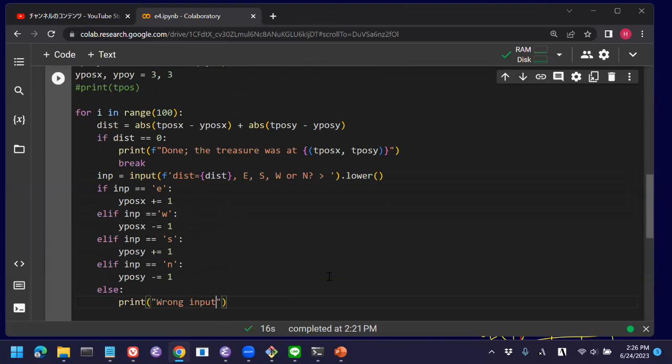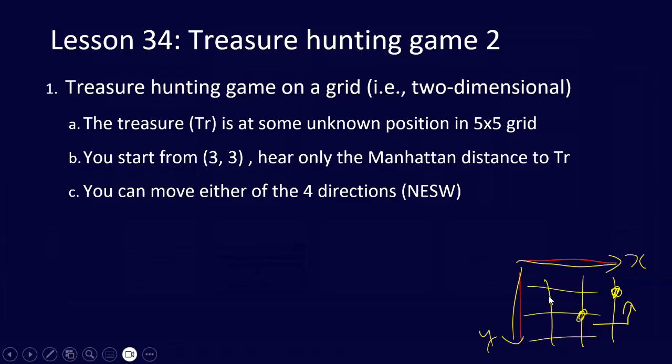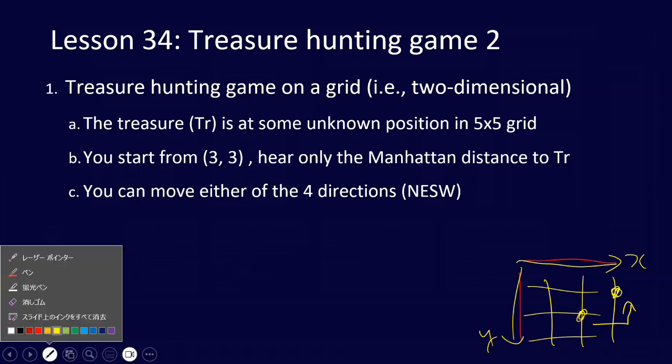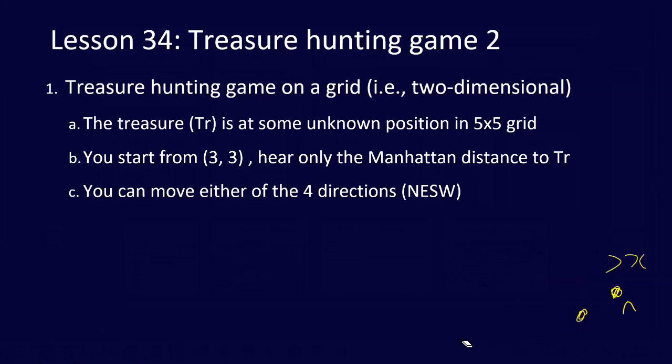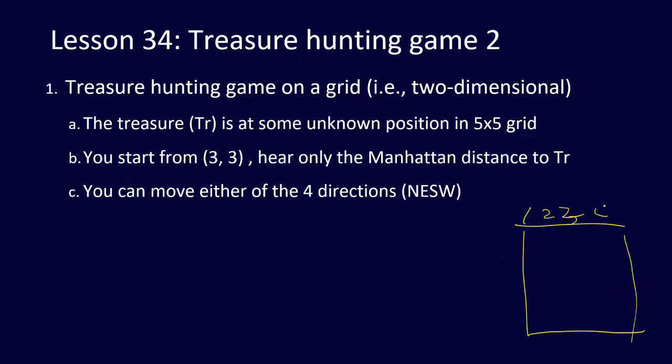Let's see if this is fine. So maybe we should keep this kind of 3 by 3 grid in mind: 1, 2, 3, 4, 5 and 1, 2, 3, 4, 5.